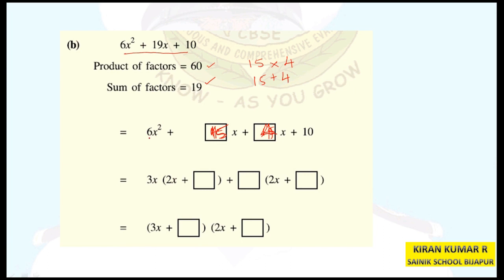So out of this 6x square and 15x, there's 3x taken common. So 2x remains and 5 remains. In these two terms, 4x and 10, if you take 2 as common, 2x plus 5 will remain. So 3x plus 2 multiplied to 2x plus 5, these are the factors.